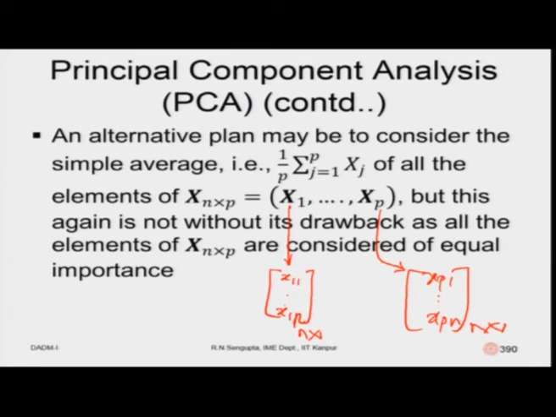But when we find equal weightages, this again is not without its drawback, as considering all the elements x1 to xp to be of equal importance will not be true.